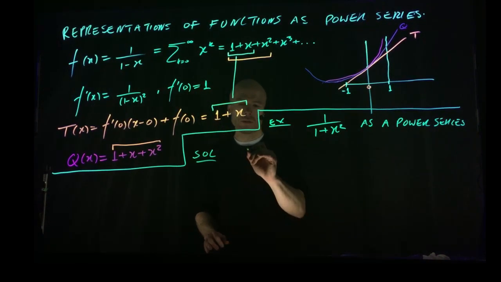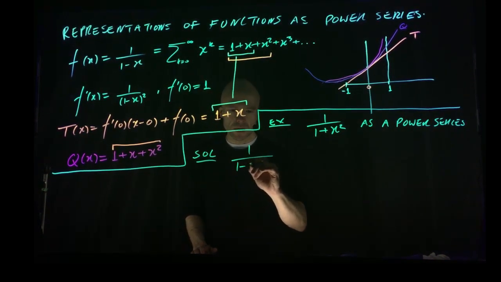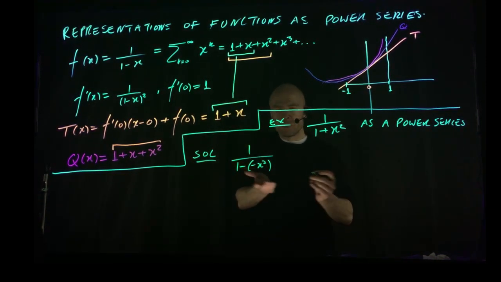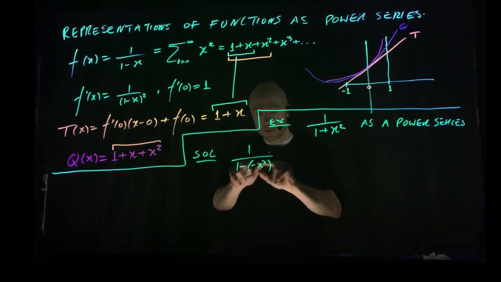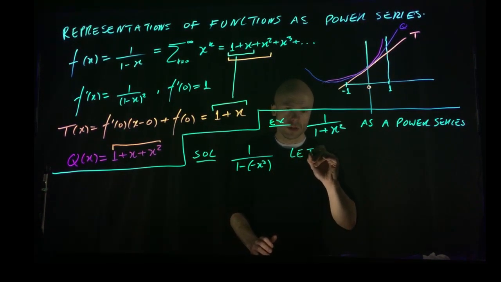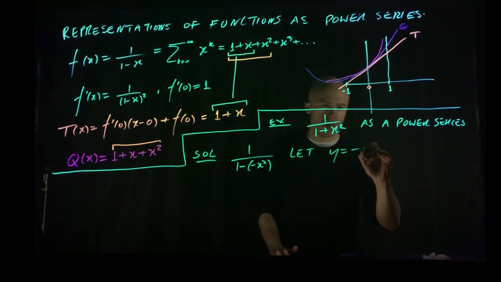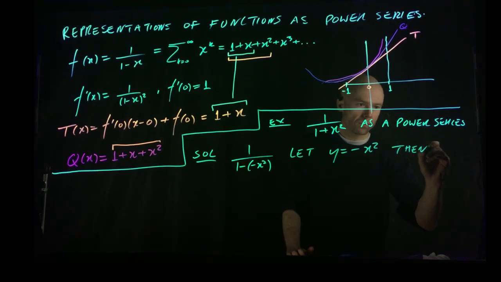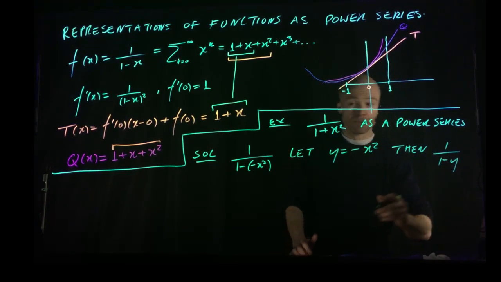If we just look at this, we can write this as 1 over 1 minus (minus x squared), and then we can pretend that this thing in the bracket is our new x. So to be formal, we could let y be minus x squared, and then we have 1 over 1 minus y.